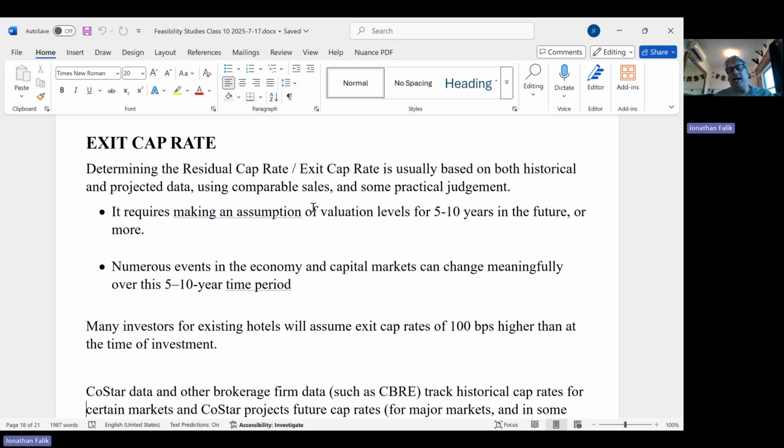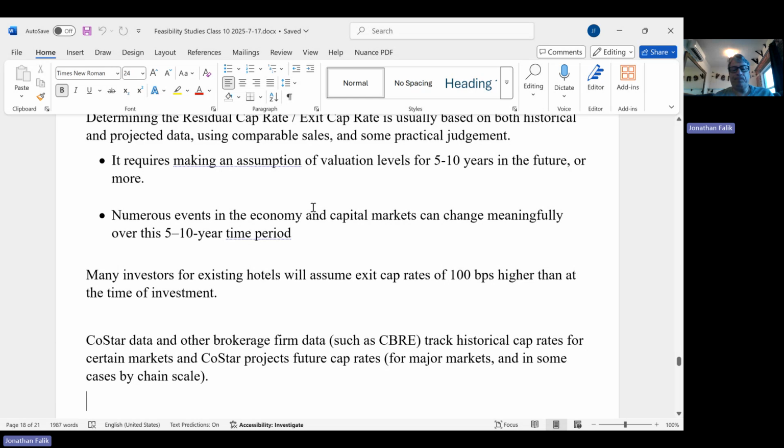And a lot of feasibility analysts just cheat, and they say if the cap rates today are 6%, then we'll assume they're 7% when we're exiting. Or if we're making an investment in buying something at an 8% cap rate, we'll assume that our exit cap rate is 9%. And that's widely done, and there's no science behind it. It just assumes that it's a little more risky in the future than it is today.